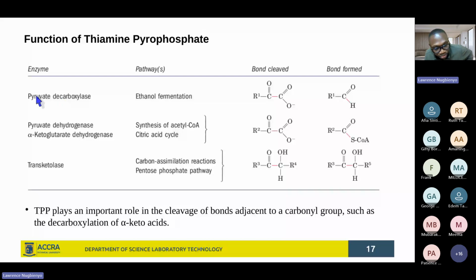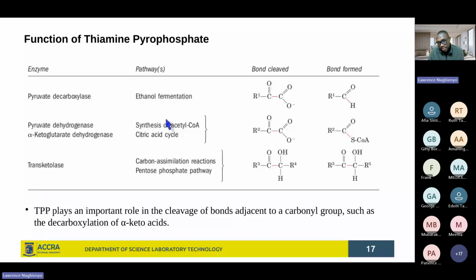So pyruvate is a substrate from which the carboxyl group will be removed. And you see this kind of reaction in the anaerobic metabolism of carbohydrates, what results in ethanol fermentation, or say carbohydrate fermentation into ethanol.